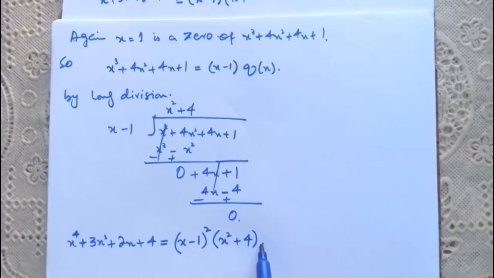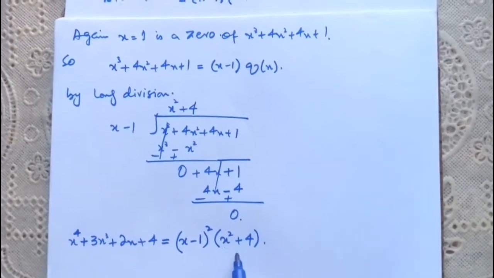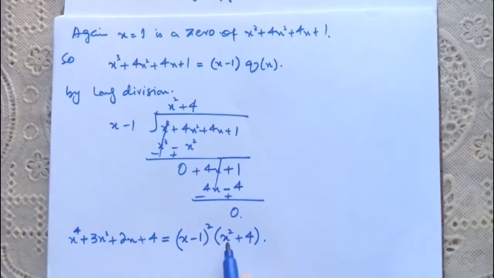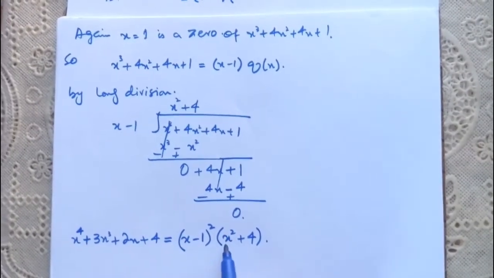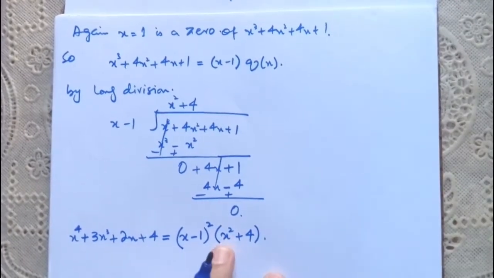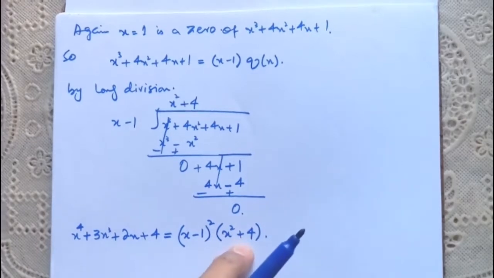Now notice that x = 1 is again a root of this polynomial x^2 + 4, because if we replace x by 1, we get 5, and 5 in Z5 is equal to 0. So x = 1 is again a 0 of this polynomial.